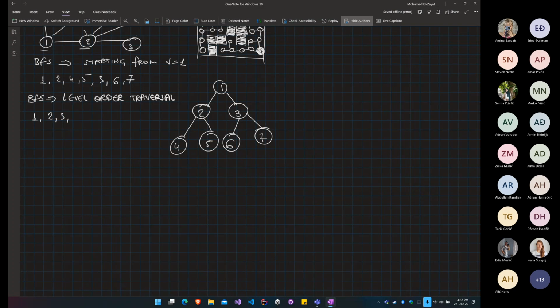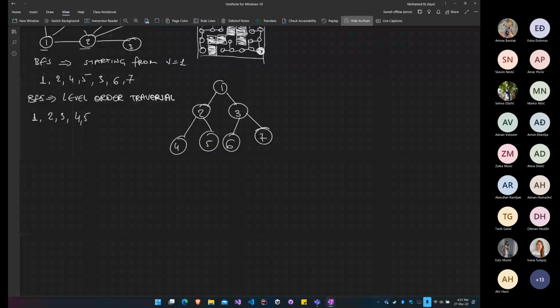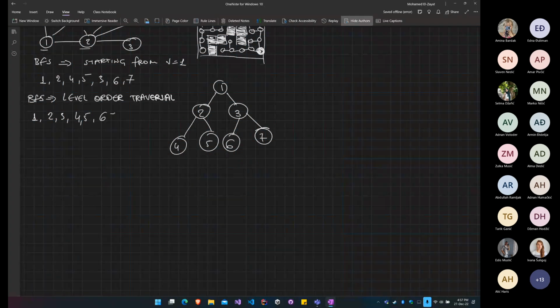Then you pick up 4, 5. Then because 3 has been visited, you pick up 6 and 7. So you go this way. Practically speaking, it's just level order traversal. This is what a BFS is about.